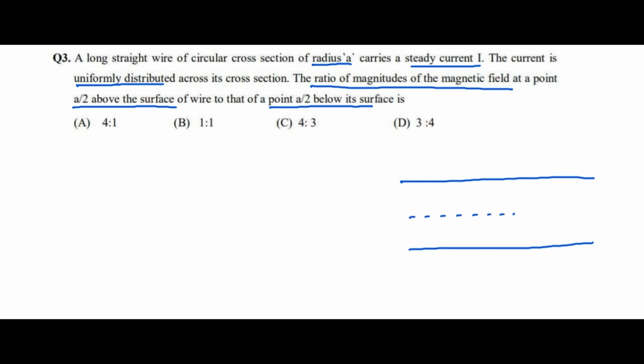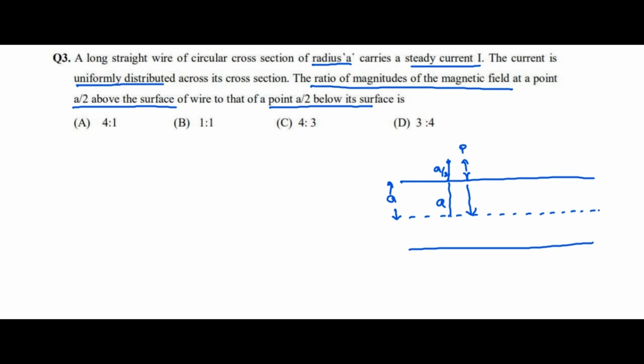and this is the axis of the conductor or wire, and its radius is given as A. Now we need to find the ratio of the magnetic fields. A by 2 above the surface means, from the axis, the distance is R equal to A plus A by 2.